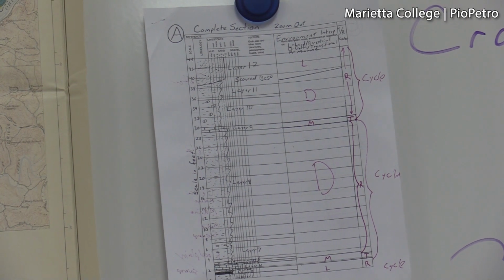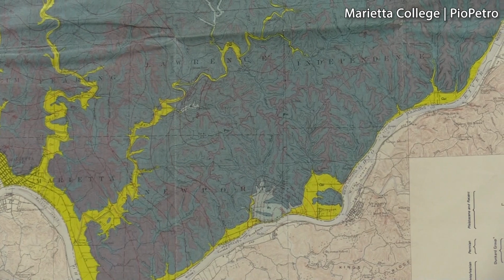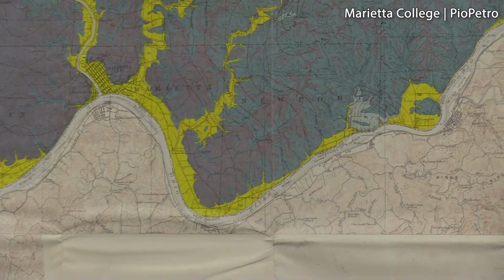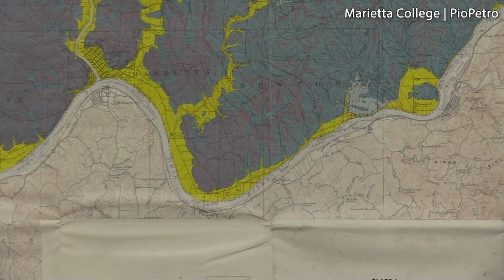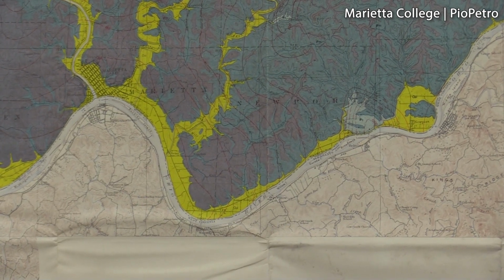Now, the one last thing I want to remind you guys of is the fact that this area is sort of historically important as well, and when we go back to the main map and we look at the area that we're talking about, again, this is the northern nose of the Burning Springs Anticline.